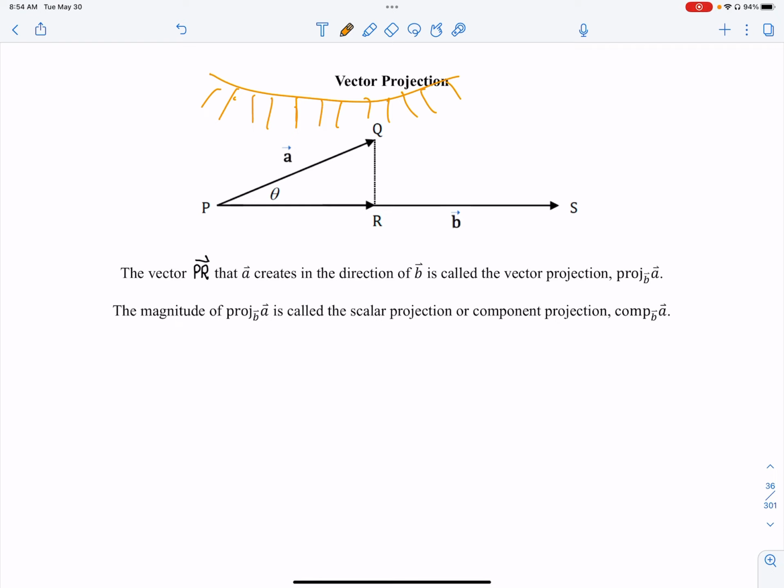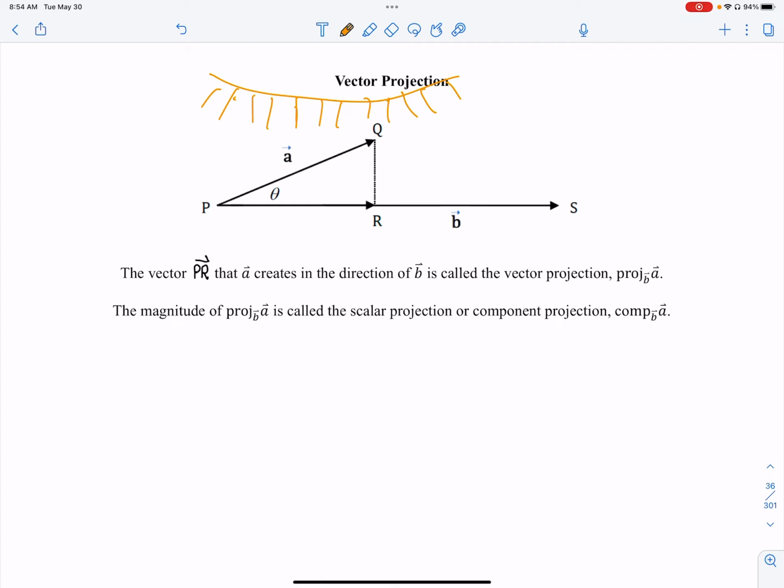This is a noon, 12 o'clock, midday sun projecting down, creating that shadow PR there. That is the vector projection, the vector PR, the projection of A onto B.